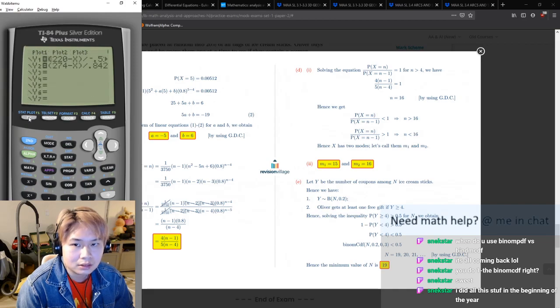Can I even graph binom? Let's see. I never tried this.